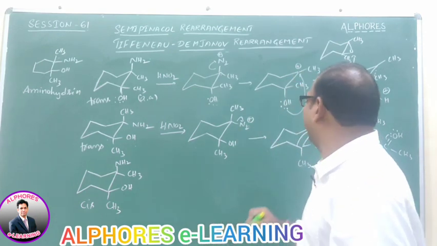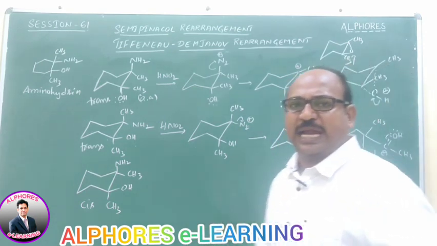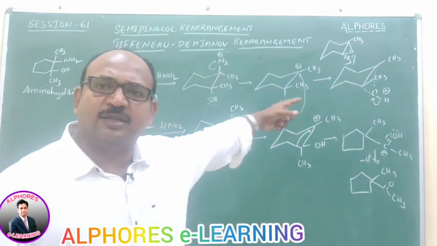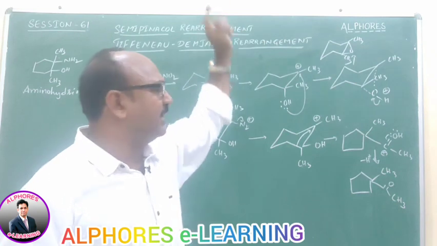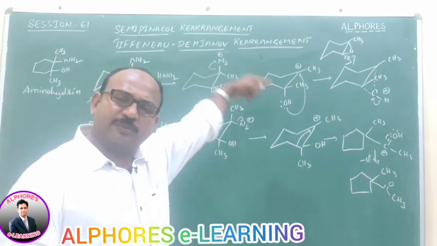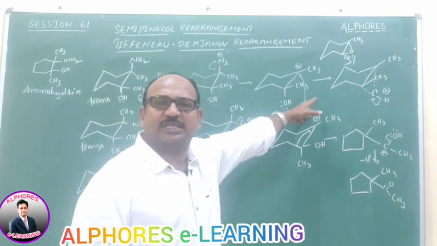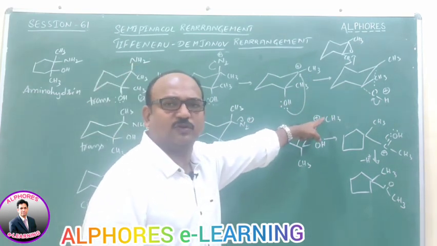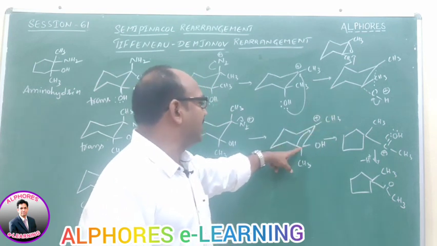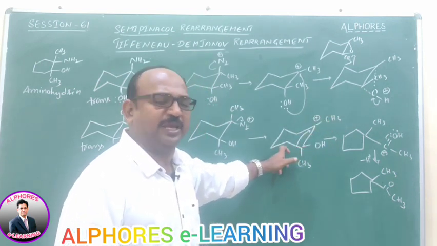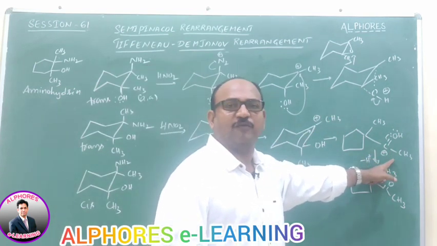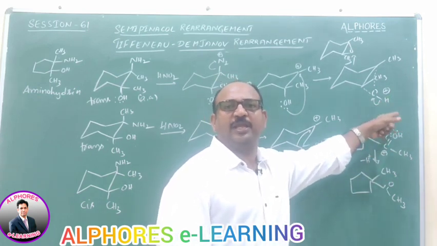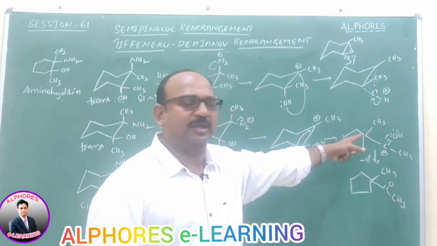After leaving as N2 we get a carbocation, and towards the carbocation, what happened here? Methyl migration or methylene migration. Methyl migration is quite difficult, so compared to that, methylene migration takes place. That means the C-C sigma bond electrons transfer towards the carbocation, and this C-C bond breaks. Now carbocation formation takes place, and towards this carbocation, the carbon containing oxygen donates an electron pair.